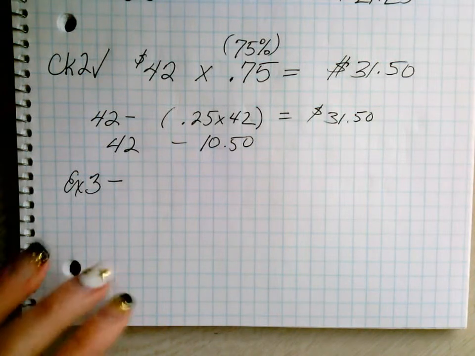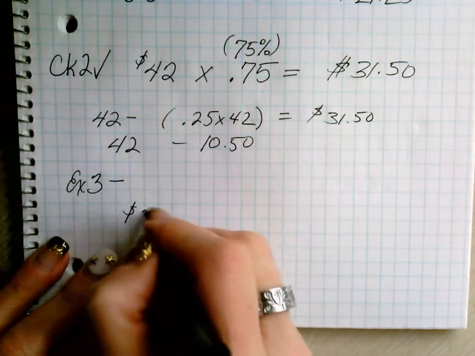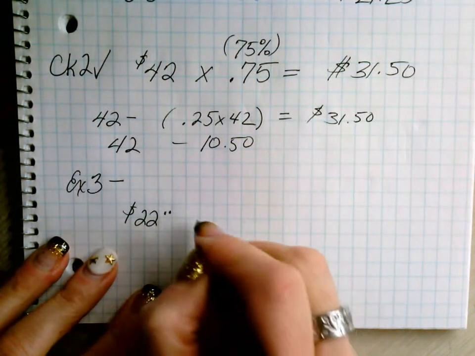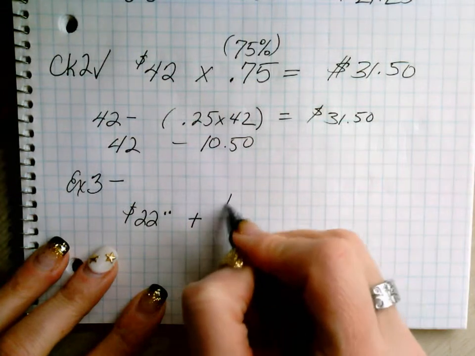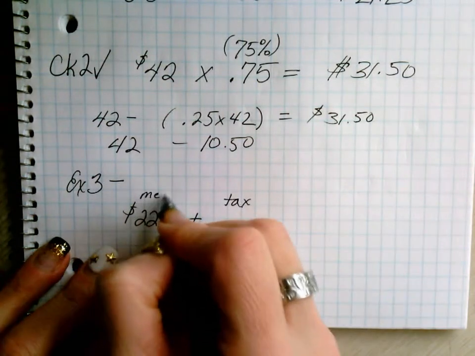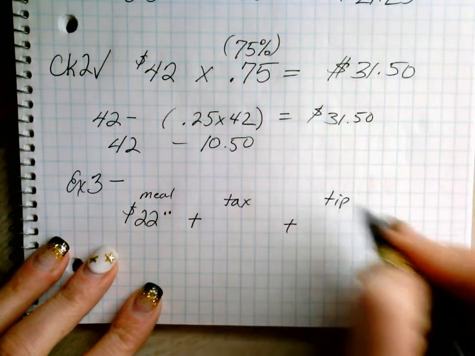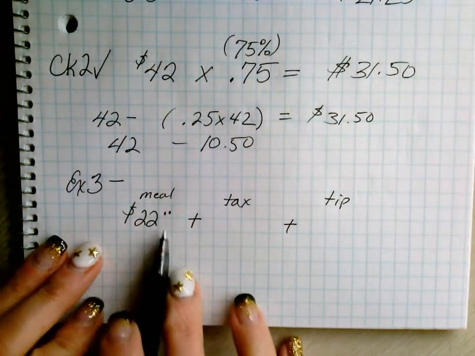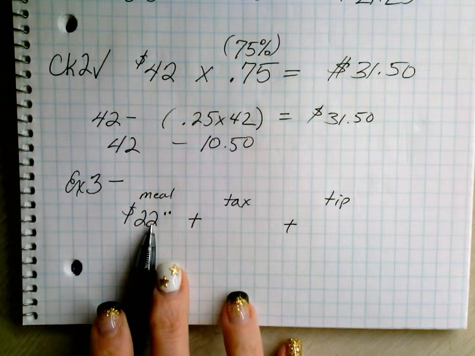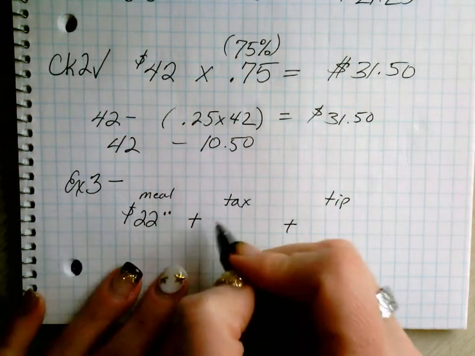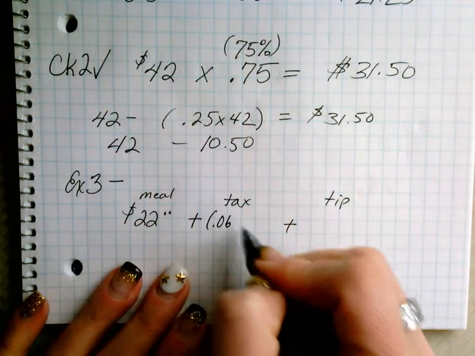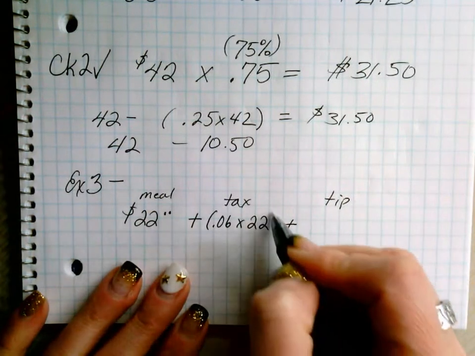Okay, so if I know I'm paying for the meal, I also have to add tax and I have to add a tip. So what did they say the percentage rate of tax is? 6%? So that's 0.06 of 22, right?